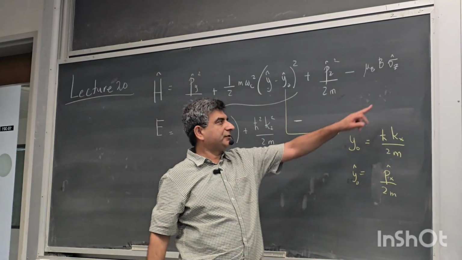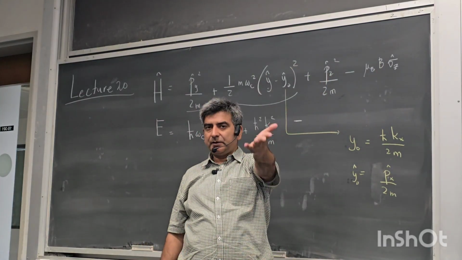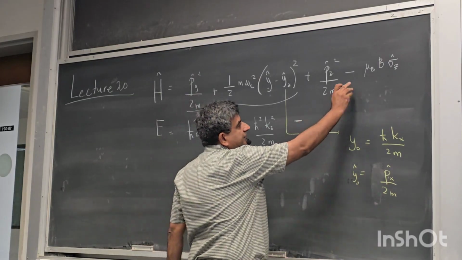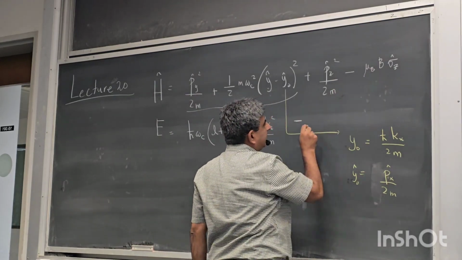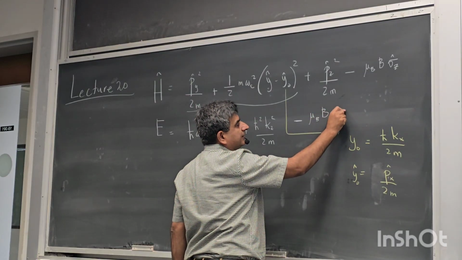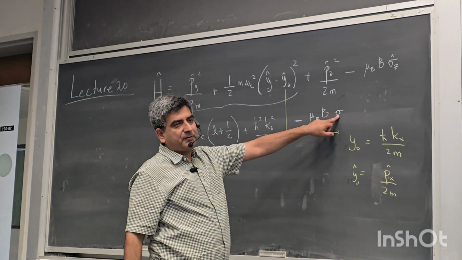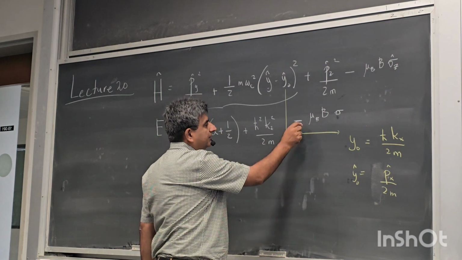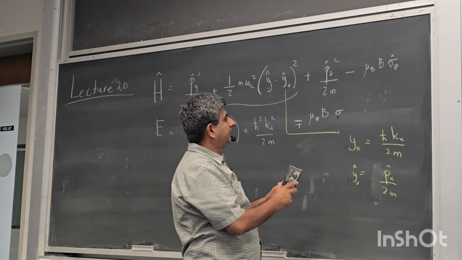This sigma z has two eigenvalues, +1 and -1. So the energy associated with this Zeeman term is minus mu b. Let's define a variable sigma, which could be +1 or -1. Or we could write plus minus mu b.